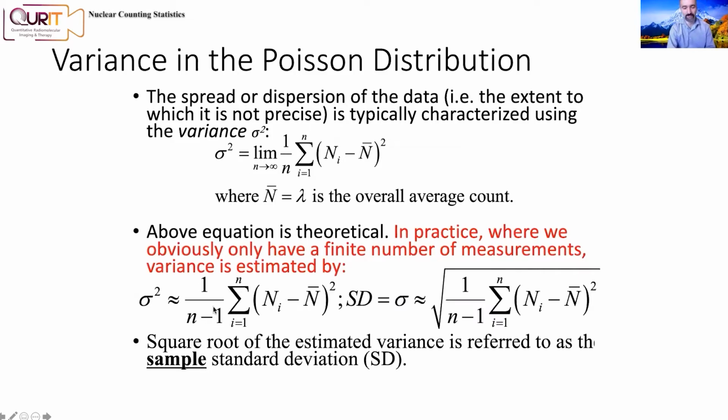There are actually some good reasons why this is n minus 1. Some people disagree with this, but I won't go through that. Let's just use this equation for standard deviation. In this case, we've got the sample standard deviation, which is an estimate of the true standard deviation.